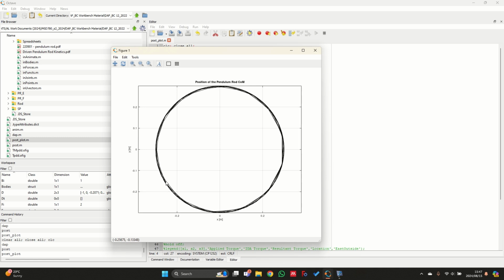So instead of making it 0.01 seconds, I can make it something like 0.0001 second. And that will give me a better interpolation between 2 points on the actual circumference of this circle that the pendulum rod is following.